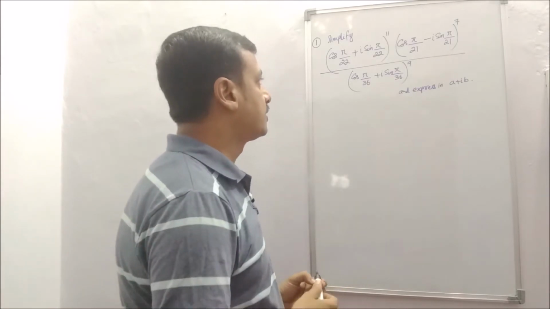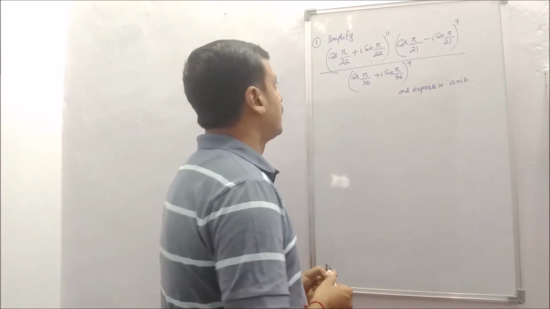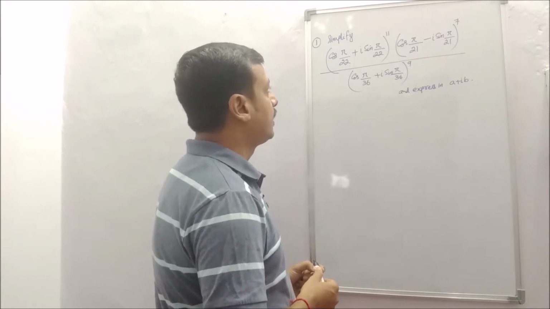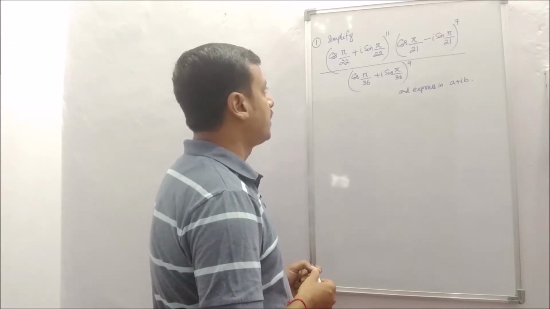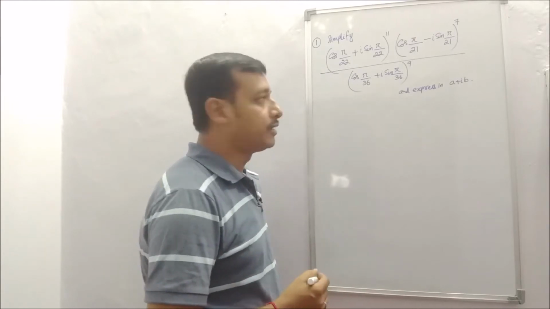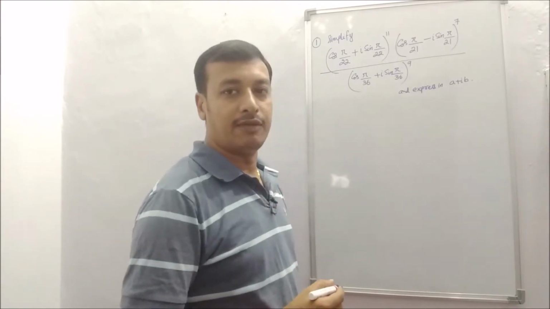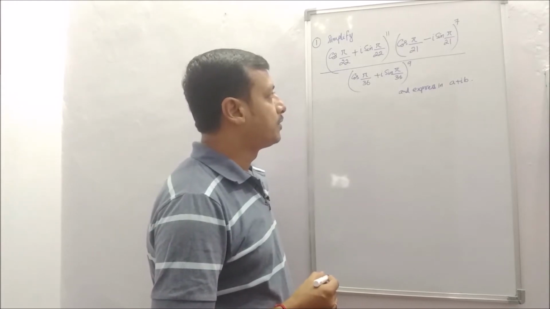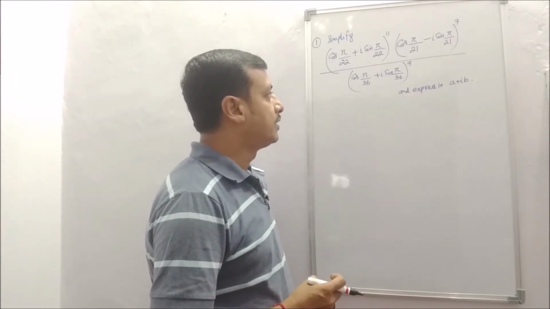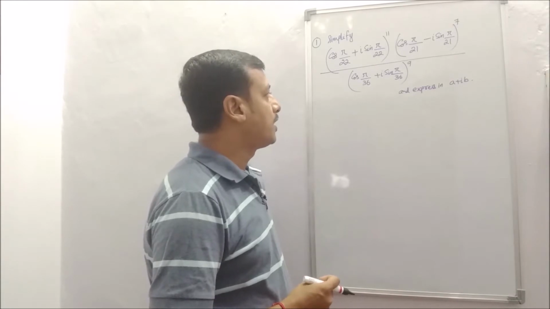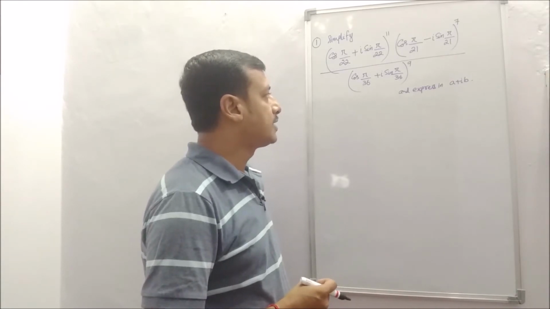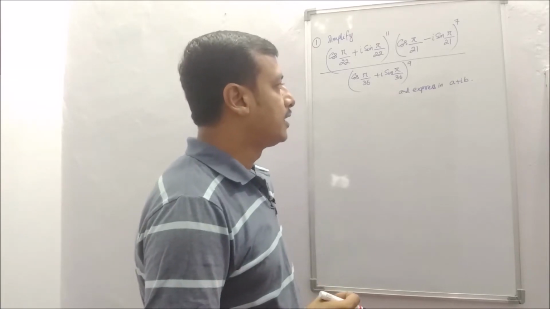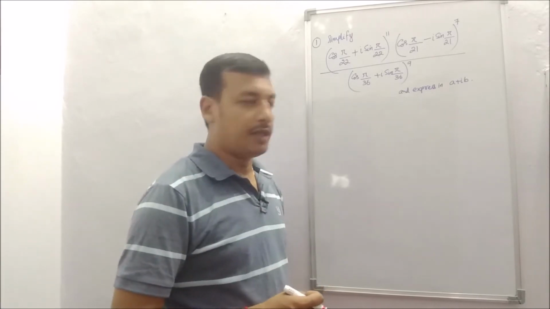So in this case, we have to simplify the given expression: (cos π/22 + i sin π/22)^11 (cos π/21 − i sin π/21)^7 divided by (cos π/36 + i sin π/36)^9, and express it in the form a + ib.